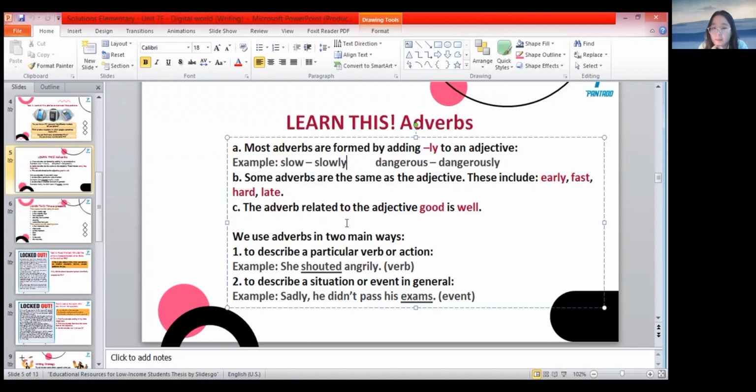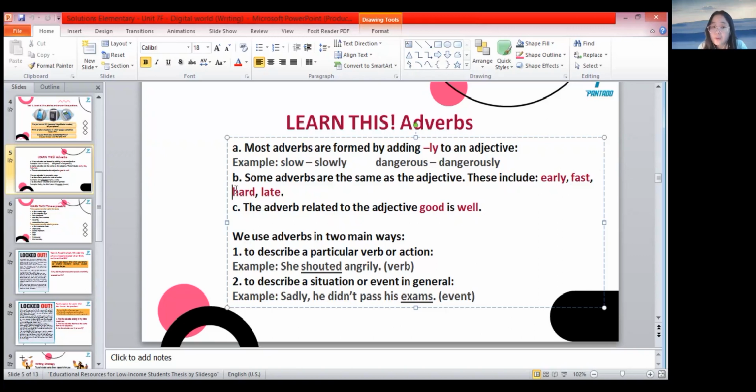Some adverbs are the same as the adjective. For example, early is an adjective, but early is also an adverb. So we don't add "ly", just early. We have fast. We don't use fastly, just fast for both adjective and adverb.